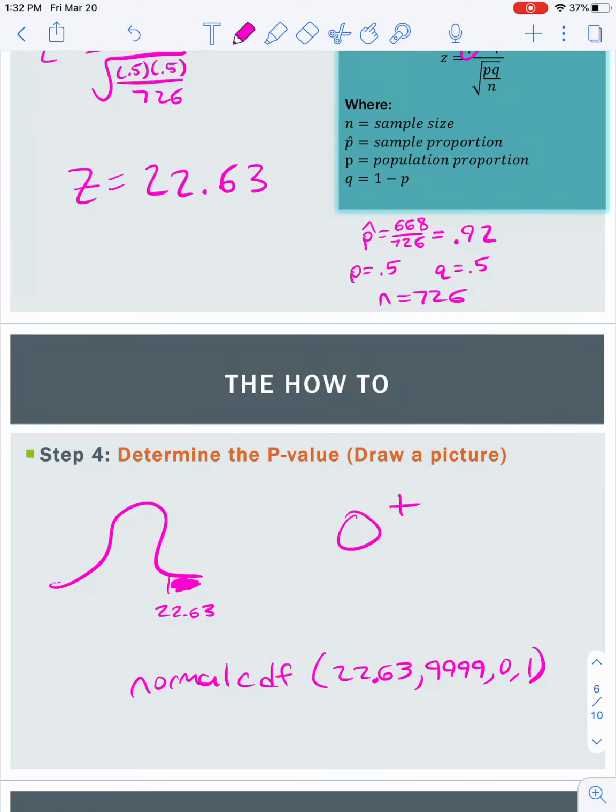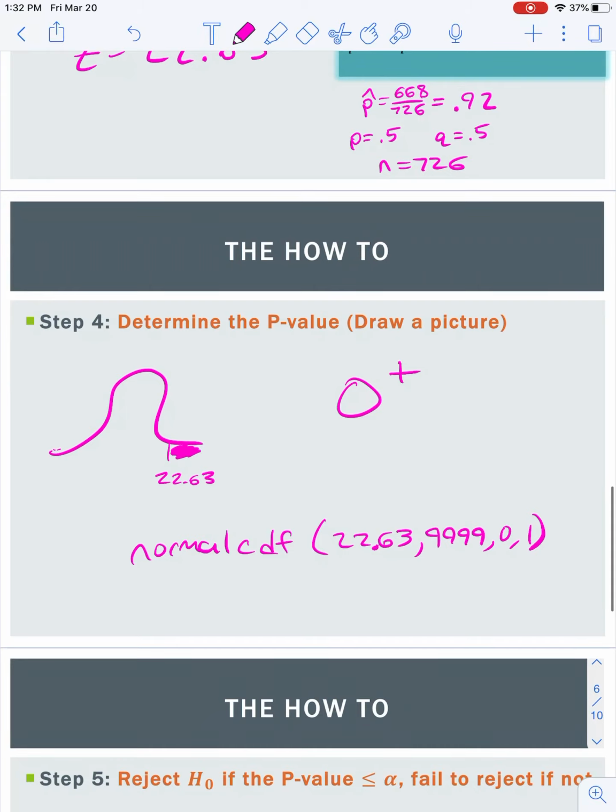If we do that, I'm not even sure our calculator is going to give us an answer back. Let me check. I'm going to put in 22.63, comma 9999, 0, 1. My calculator just calls it 0. It's such a low probability, our calculator can't even communicate it to us. So it's 0 plus, which for all functional purposes, we can just treat as 0.